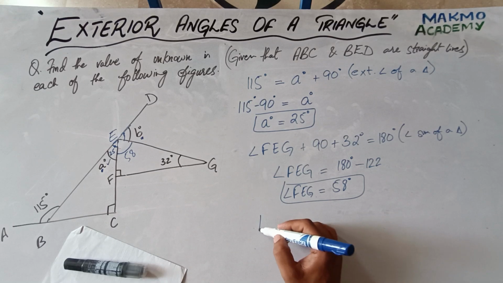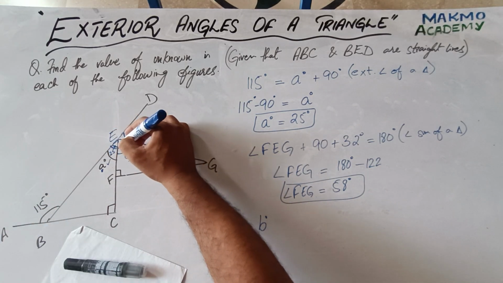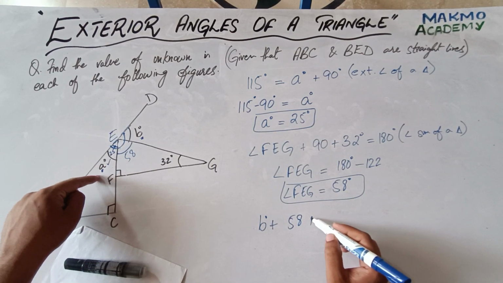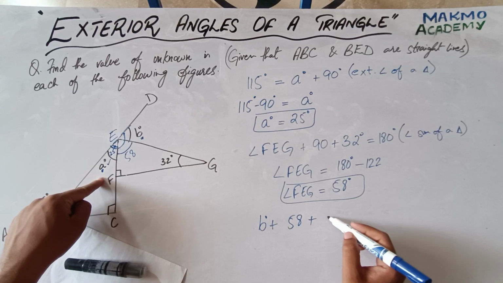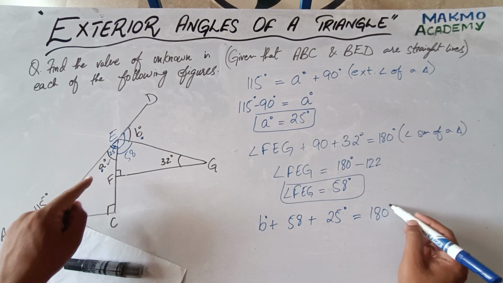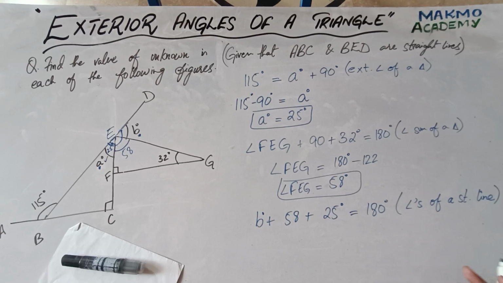Now how can we find out the size of angle B? These three angles are on a straight line, so B plus 58 plus angle A, which is 25 degrees, is equal to 180 degrees, angles on a straight line. We are using that property, the sum of all the angles on a straight line is equal to 180 degrees.